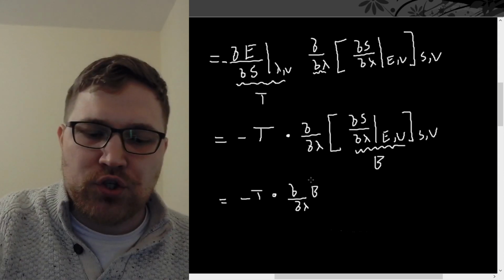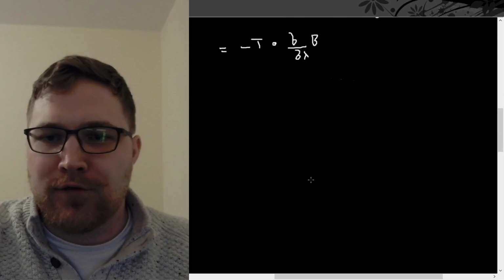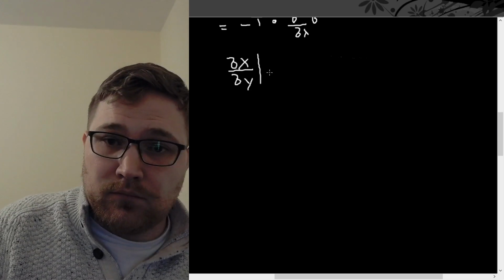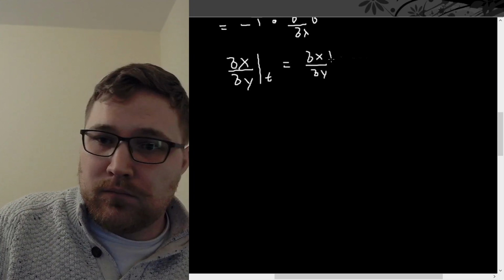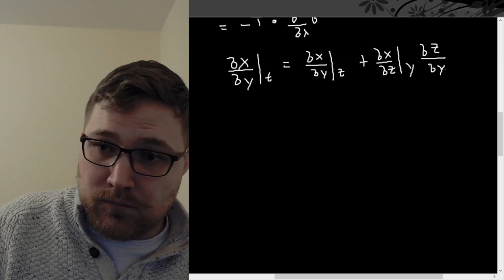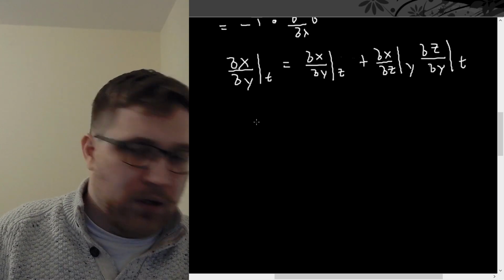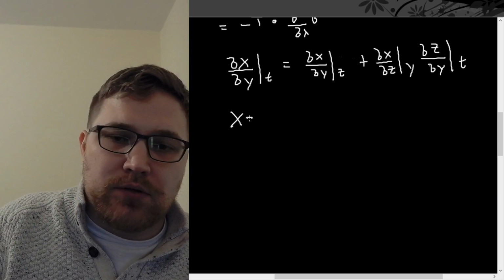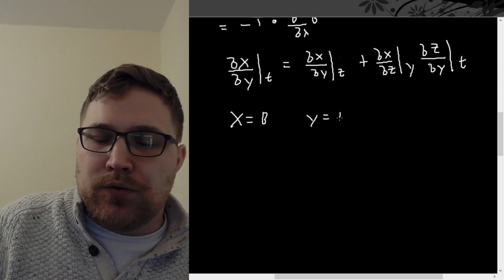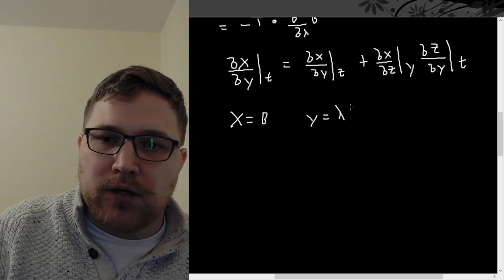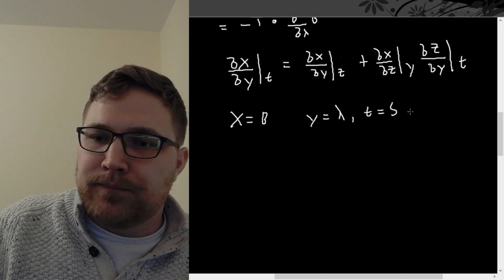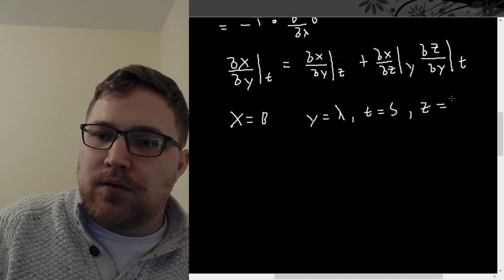Now we're going to reach into our bag of tricks from the last video, and in particular, we're going to use the following identity. In this, we're going to substitute x equal to B, y equal to λ, and of course t will be equal to the entropy, and z will be equal to the energy.